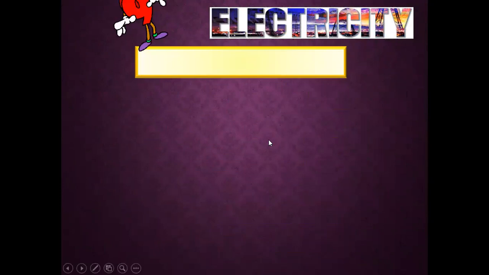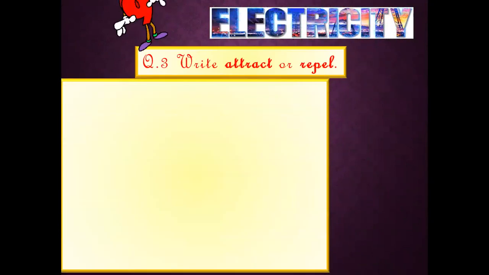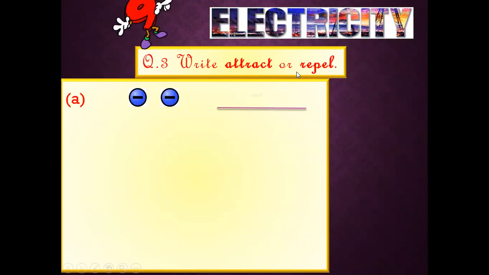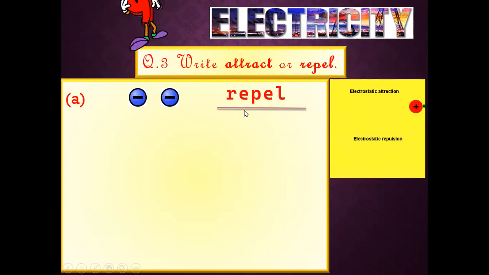Now it comes to another work, which is a book work from unit number 9. It is about writing attract or repel. First, we have two same charges, like same poles of magnets, that have a repulsive power, so repel.